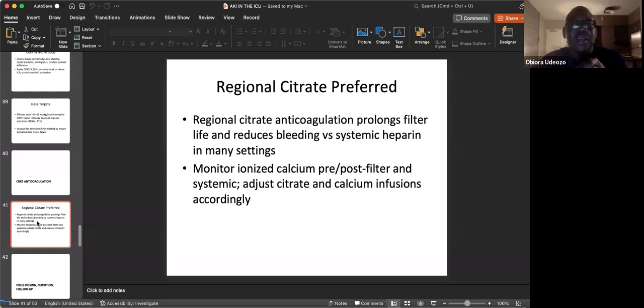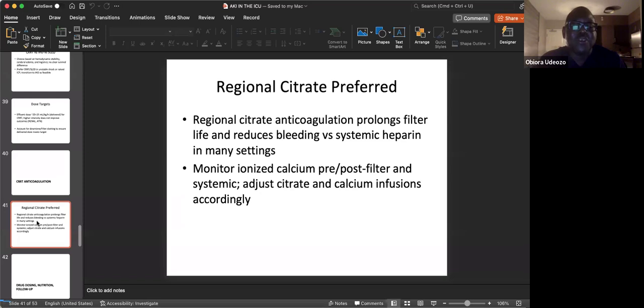But it's a very cumbersome process. When I say cumbersome, I mean the ICU nurses need to be trained, because you're giving your citrate, then you're testing your calcium pre-filter and post-filter, and in your return line going back to the patient, you have to have a calcium infusion.